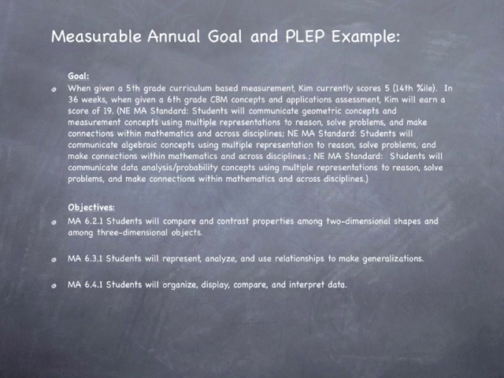In 36 weeks, when given a 6th grade CBM Concepts and Applications Assessment, Kim will earn a score of 19. And then in parentheses, we just put the 3 strands directly from the Nebraska state standards that she is still having difficulty with, that she has not mastered.